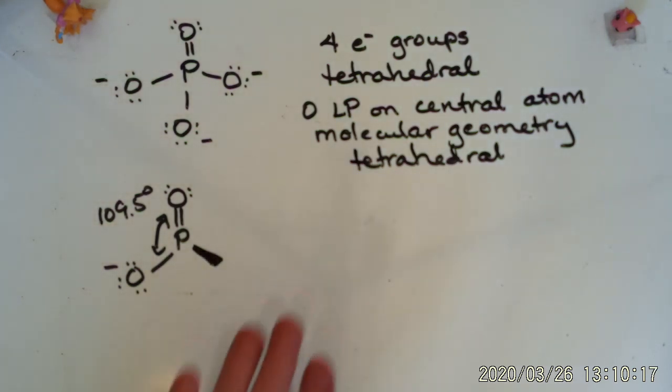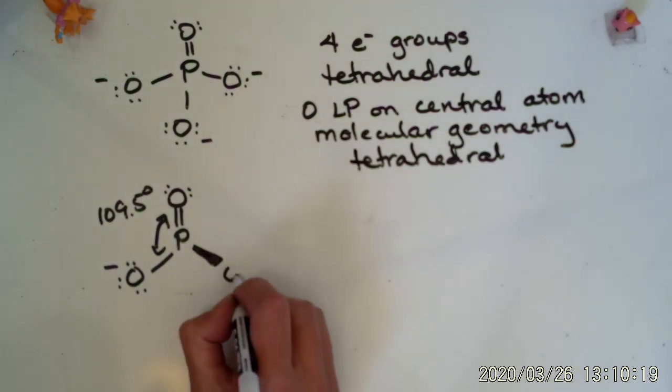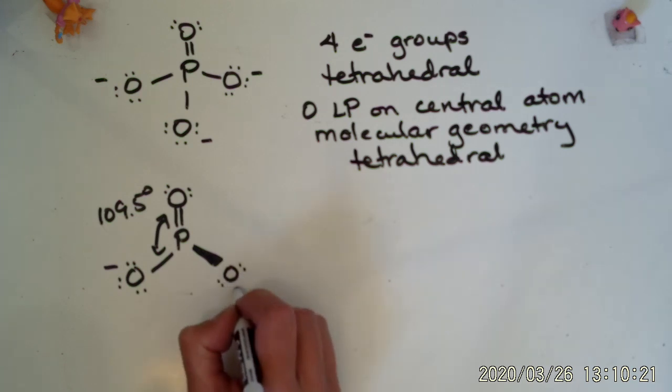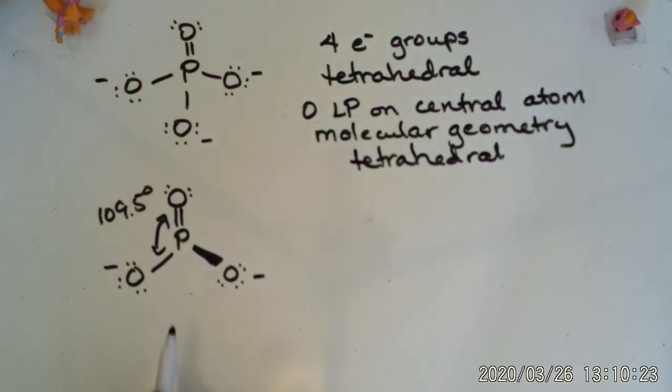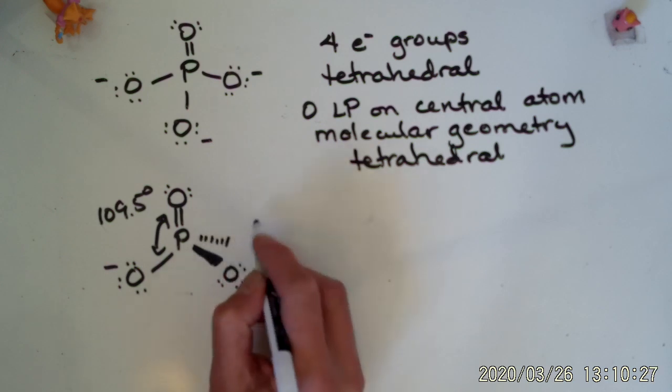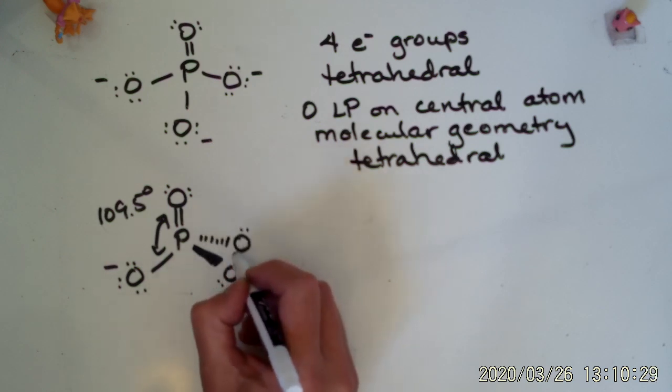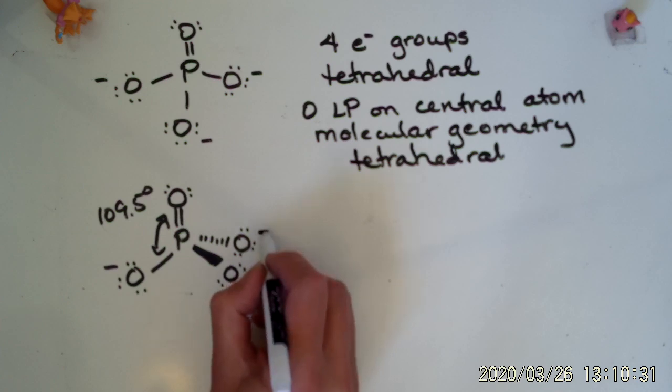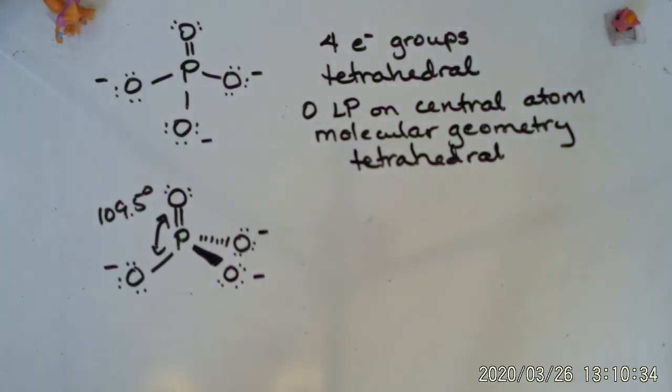When it's coming out of the plane towards you, you use a solid wedge bond. If it's going away from you into the board, use a dash wedge bond. And if you want, you can use toothpicks and marshmallows and make the structure. So you're trying to draw it at 109.5, and then you make this three-dimensional that way.